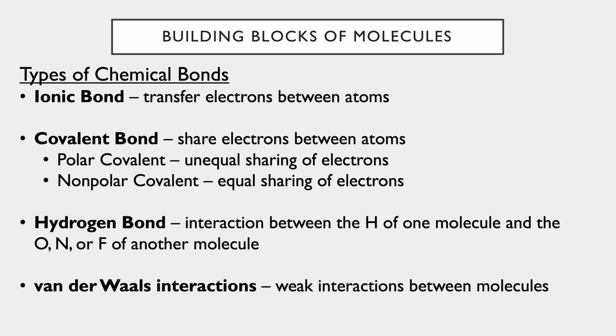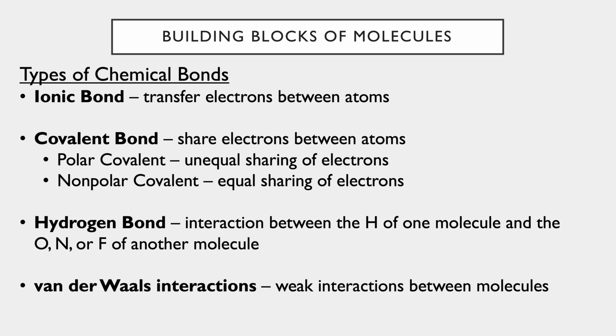The first being ionic bonding, and this involves the transfer of 1 or more electrons between 2 atoms. This typically occurs when one atom is in metal form and the other atom is in non-metal form of an element. The second type is covalent bonding. This involves the sharing of 2 or more electrons between 2 atoms, and this typically occurs when both atoms are nonmetals.